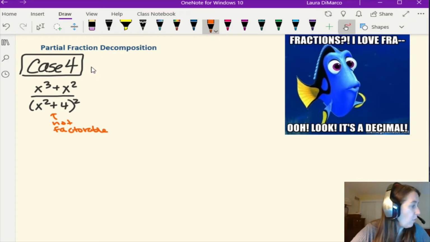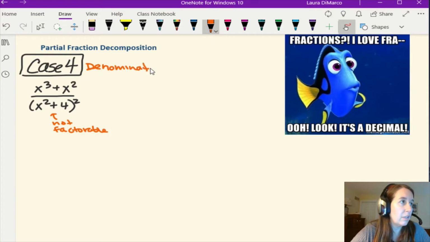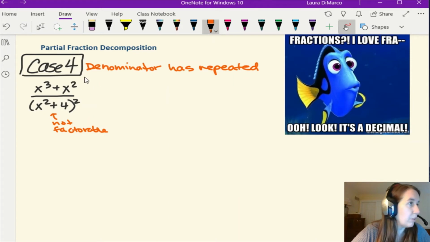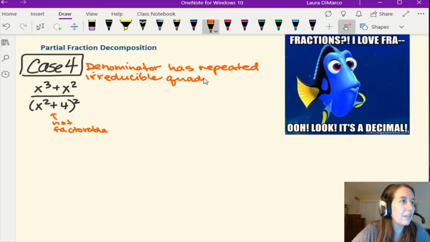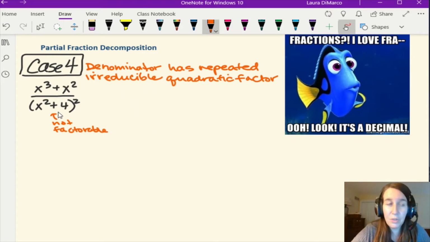So case 4 is the denominator has repeated irreducible quadratic factor. Okay, or factors. So this is a quadratic factor, non-reducible, irreducible, and it is repeated because of the squared.